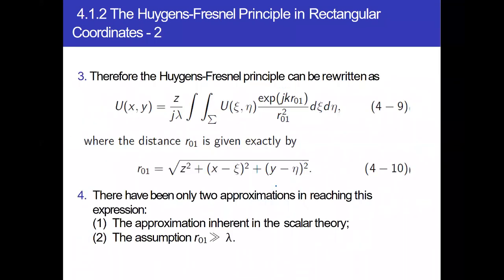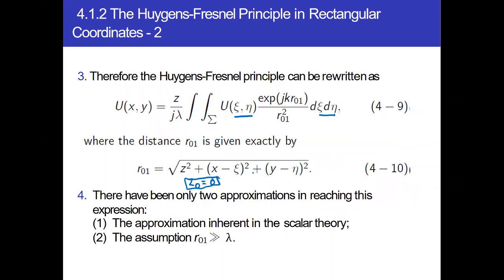Furthermore, you don't have to derive everything, but you can just change the coordinate to the aperture plane, and R01 is given by z squared plus x minus xi squared plus y minus eta squared. The reason why is that we assume that z0 is 0, okay?